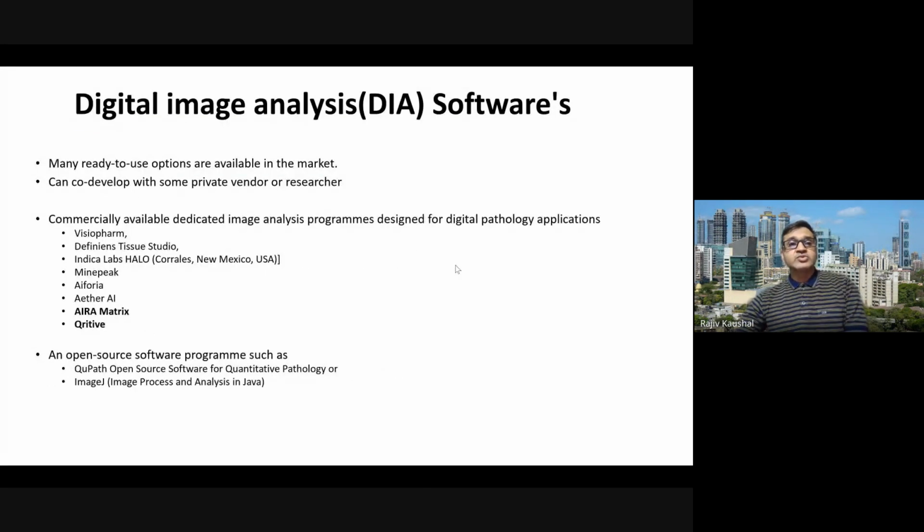So first and foremost, when you have to use any digital image analysis software, where to go and hunt for them, that is the question. There are many companies already doing their job for us, and as pathologists, there are very few of us who are really keen to go into the nitty gritty of these models.